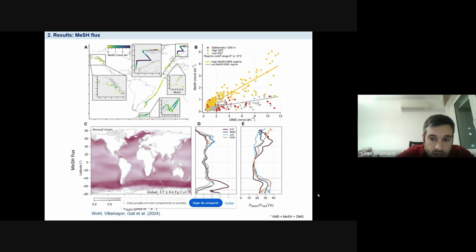But globally, the results show that methanethiol contributes 19% to the total biogenic sulfur emission, with the Southern Ocean as a major source, contributing approximately 27% of the global methanethiol emissions.